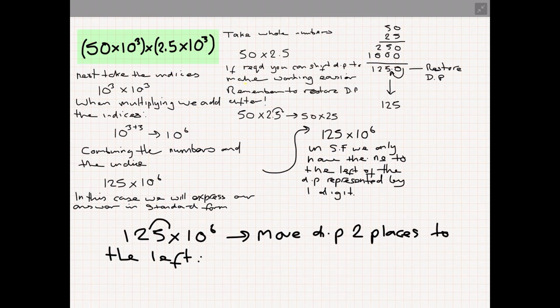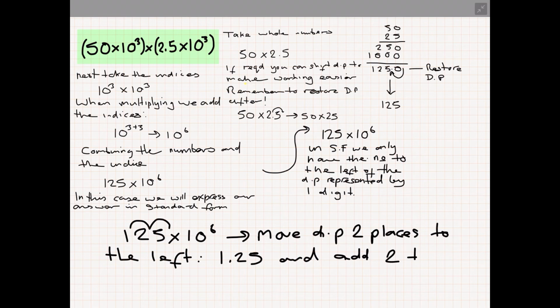Because we've moved the decimal point 2 places to the left, we've effectively divided our number by, in this case, 100. So to compensate, what we do is for the number of places that we shift, we alter the indice value accordingly.